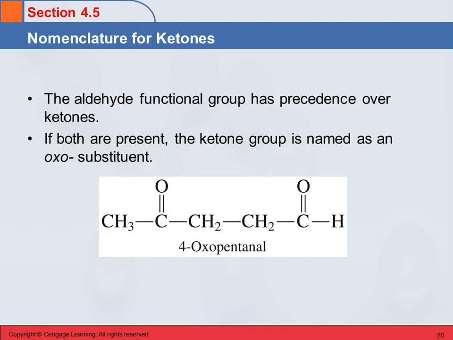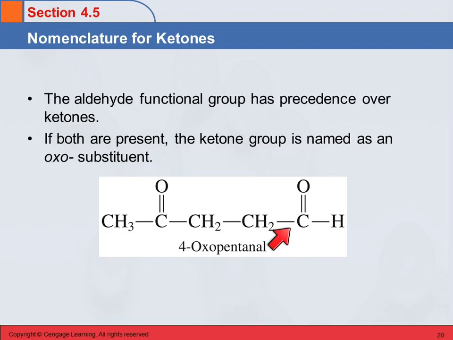So, the aldehyde functional group has precedence over ketones. Don't ask me why, it just does. So what do you do if you have both? And here's an example. Here's the aldehyde group, and here's the ketone group. We're going to name it as an aldehyde. So then how do we indicate this? We indicate that as oxo.